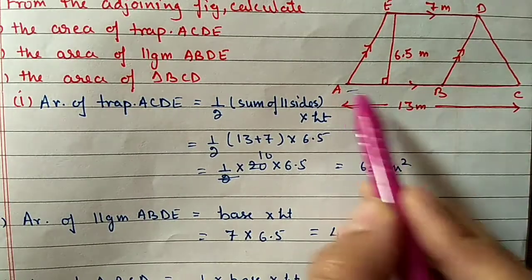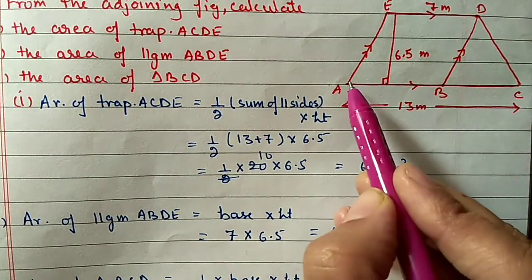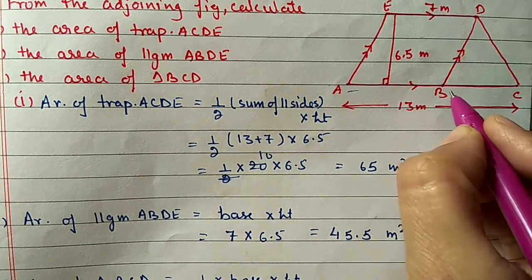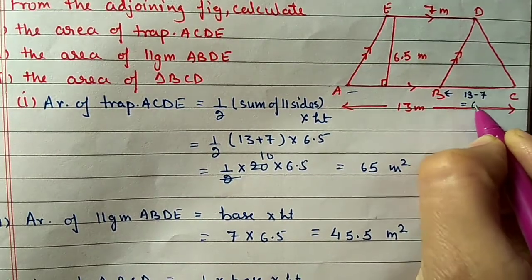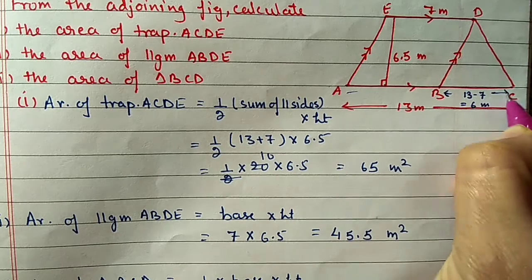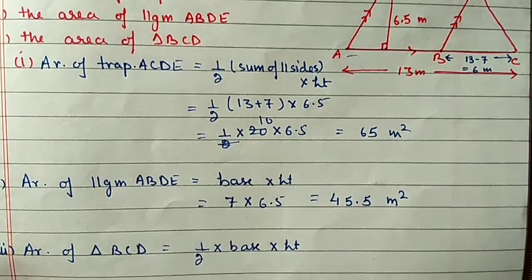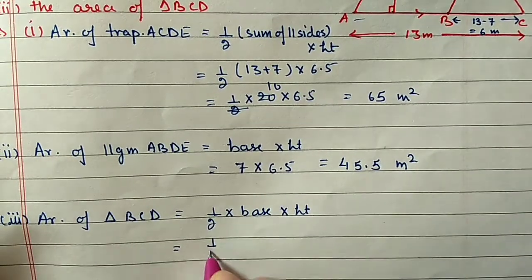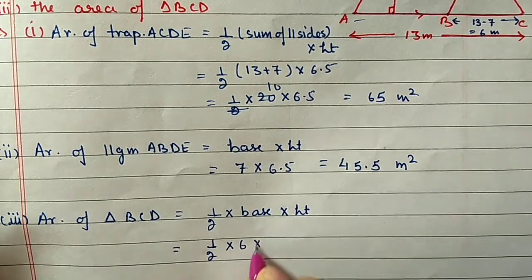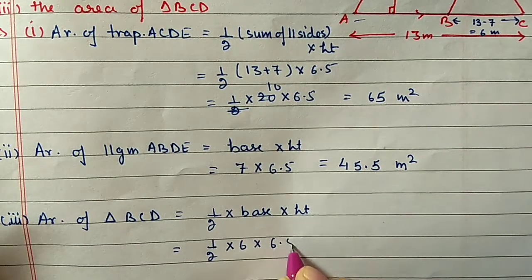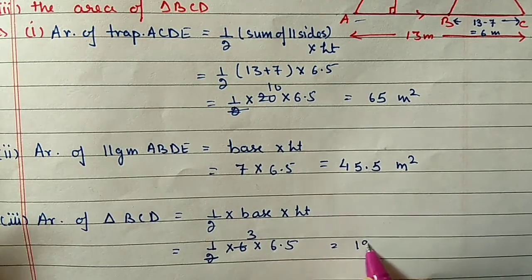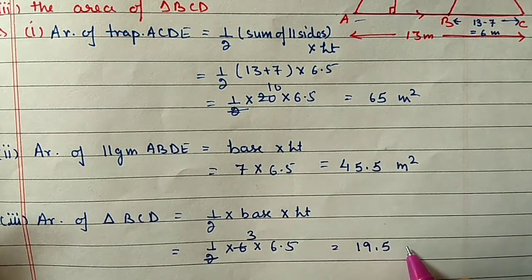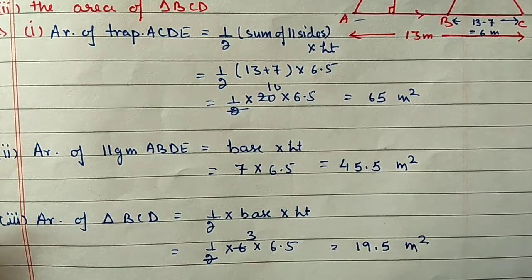This total distance A to C is 13 and A to B it is 7. So this will be 13 minus 7, which is equal to 6 meter. So base of this triangle is 6 meter, half into 6, and height is 6.5. Can cancel 2 3s and after multiplication we will get 19.5 meter square.